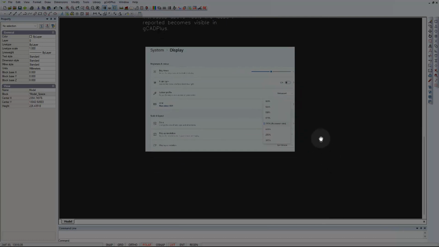A similar problem was reported by a user in Western Australia, and he fixed it to his satisfaction by just stepping back one level from the maximum resolution that the system was capable of.